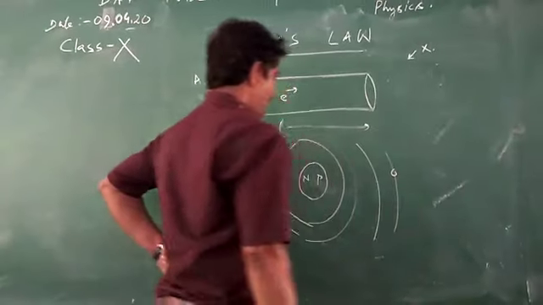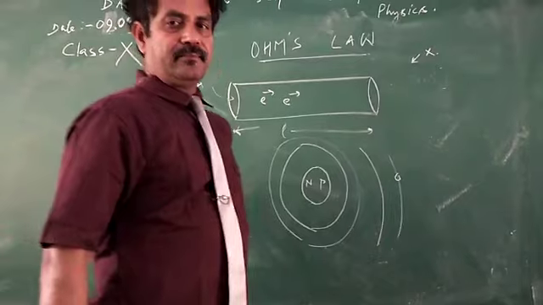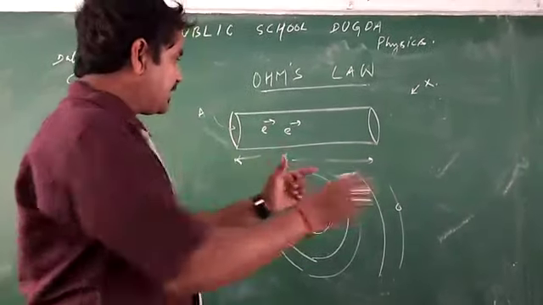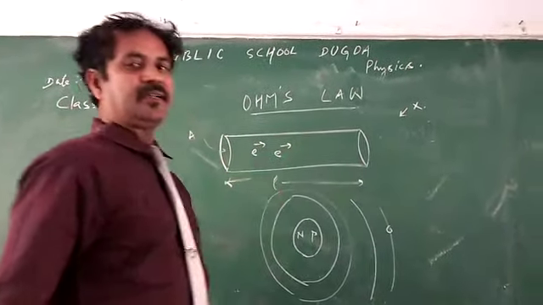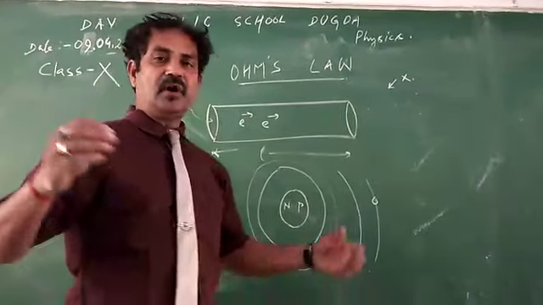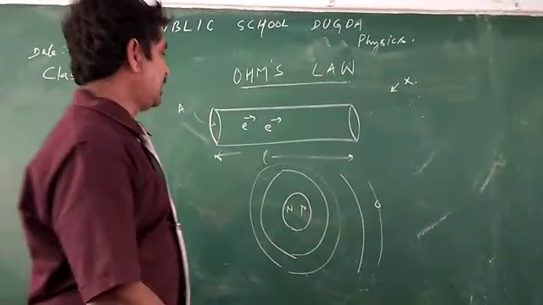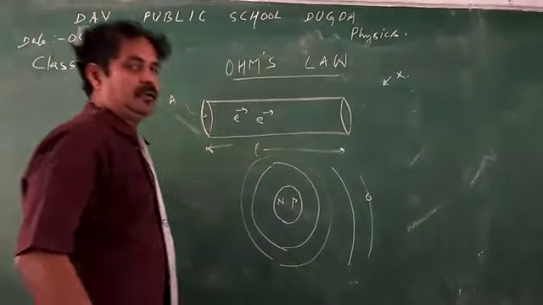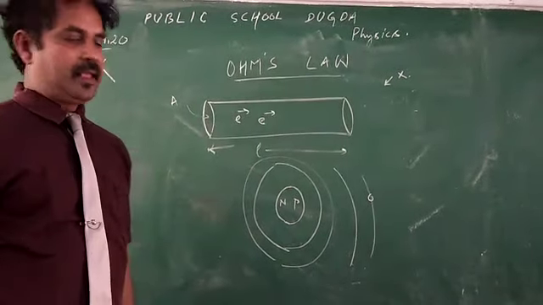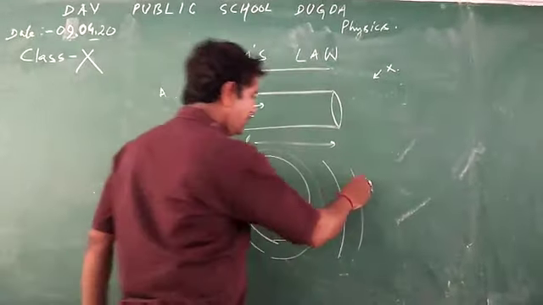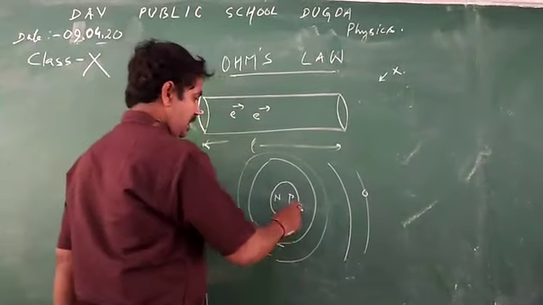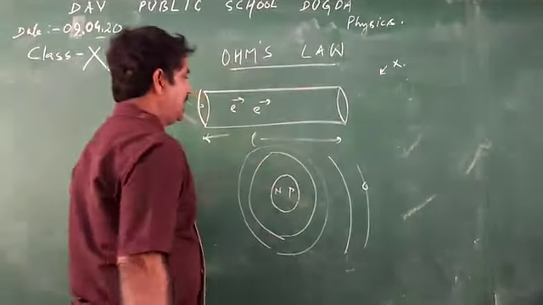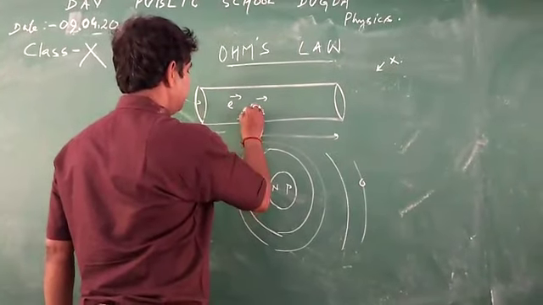So, when the atoms are packed inside a conductor, millions of atoms compact inside the conductor, and their outermost electrons leave their atom and move freely.